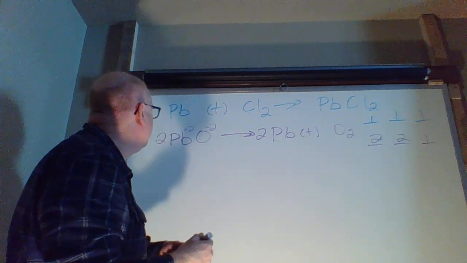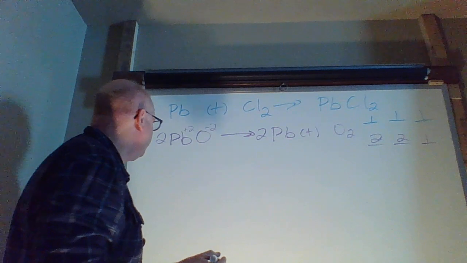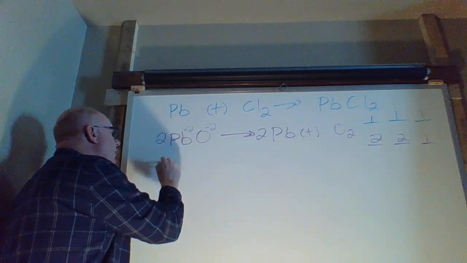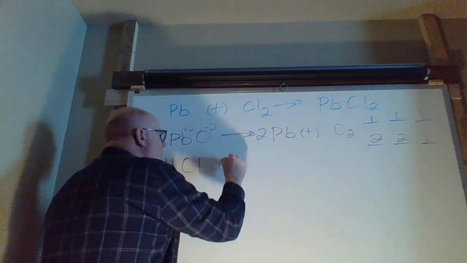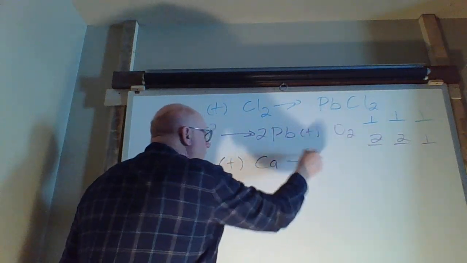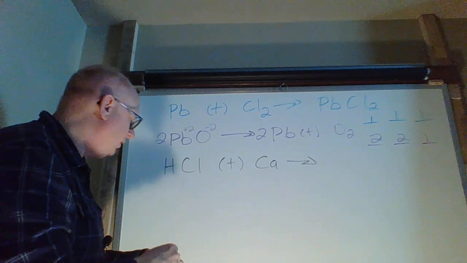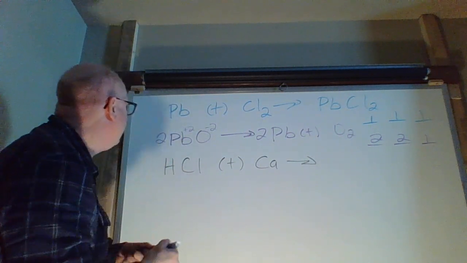Then let's move on to a single replacement reaction. I'm going to put 2 of them up here. Okay. And the reason for that is if we had hydrochloric acid, and if we're going to add some calcium to it, and let you maybe decide or decipher what it is you think is going to arrive from that equation.